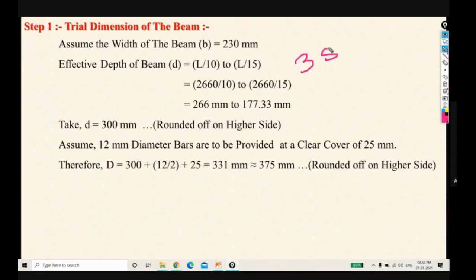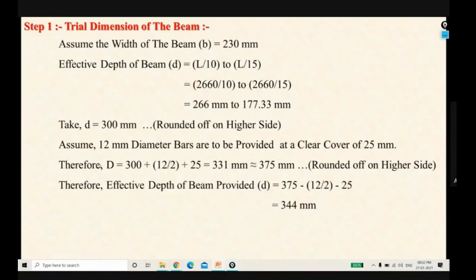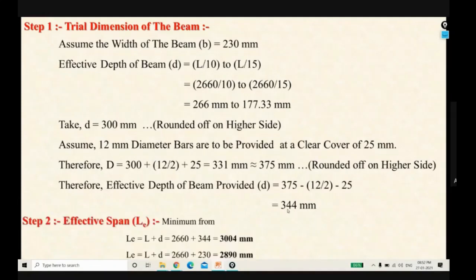But here we have considered 375, and then our effective depth is 344 mm. So the final effective depth is 344, overall depth is 375, and width is 230. These are the dimensions.